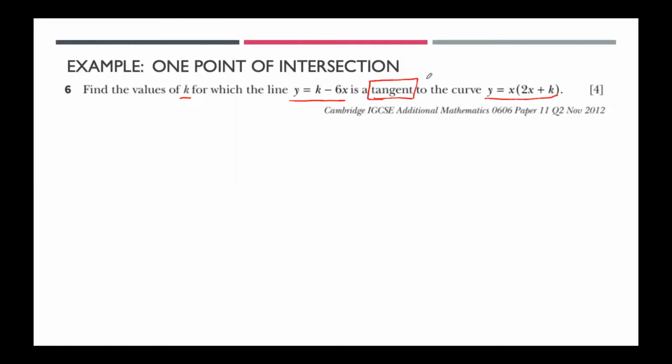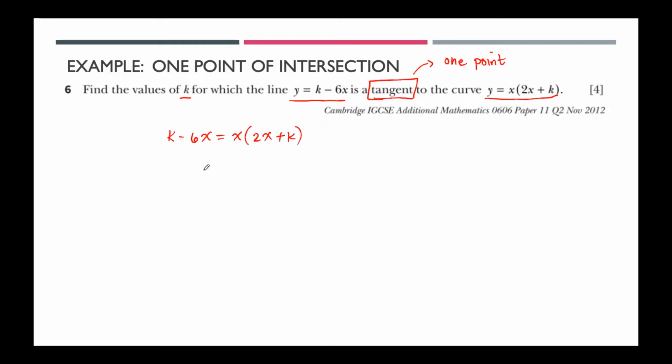When we talk about tangent, we are only referring to 1 point of intersection, so just make use of the substitution method. Because y is equal to k minus 6x, that means k minus 6x will be equal to x bracket 2x plus k.